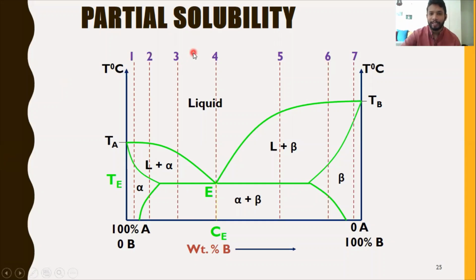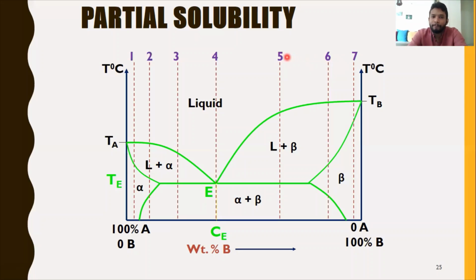So, if we take line 4 as a mirror, 1, 2, 3 is a mirror image of 5, 6, 7. Just the color will be changed. Same thing happens, the color will be changed. But in actual cases, these are two different materials. But in this example, the expression of the phase diagram is very easy.